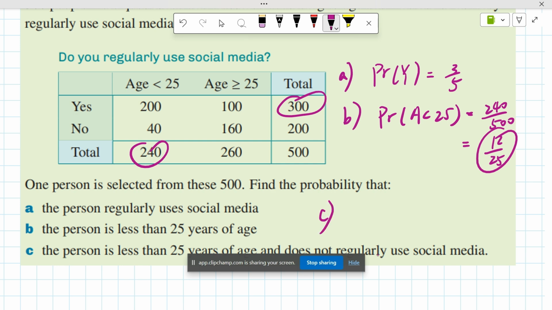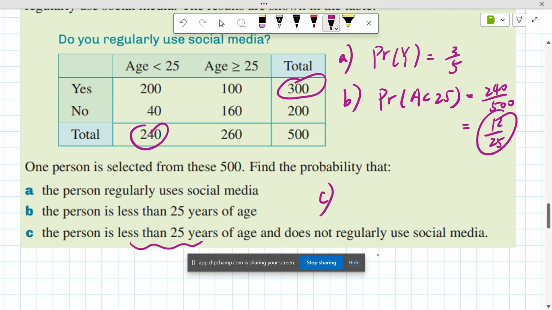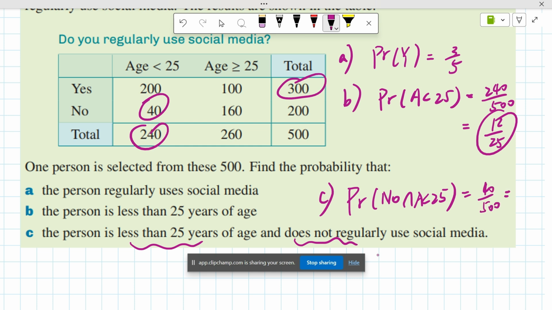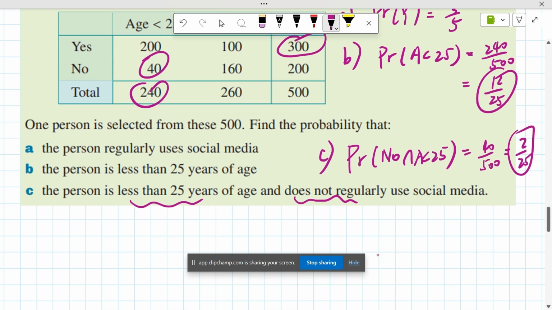And probability of C, less than 25 and not regularly using social media, which is the 40 over here. So it's the intersection, not using and less than 25, which equals 40 over 500, that equals 2 over 25. Yeah, so not too bad at all.